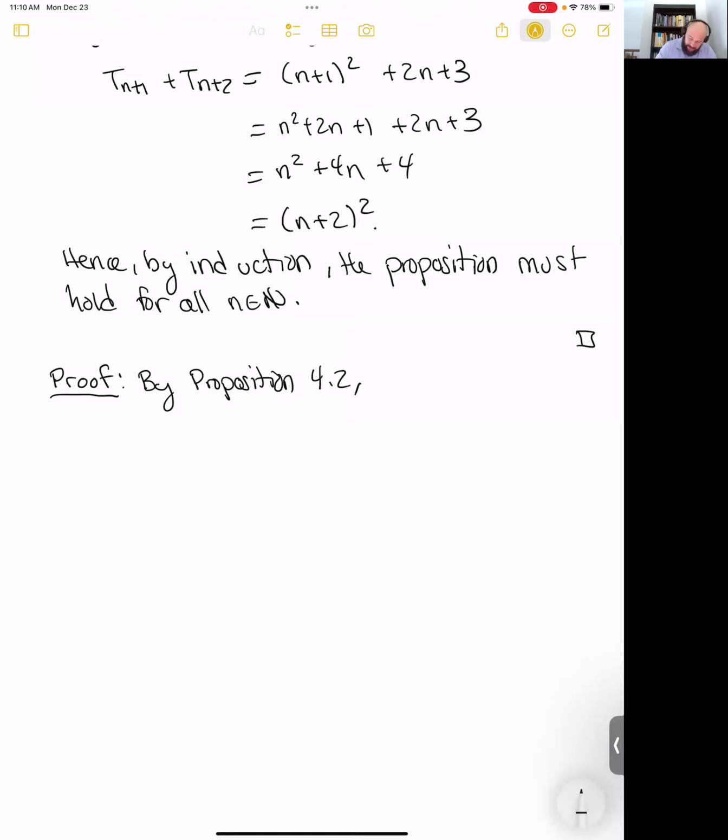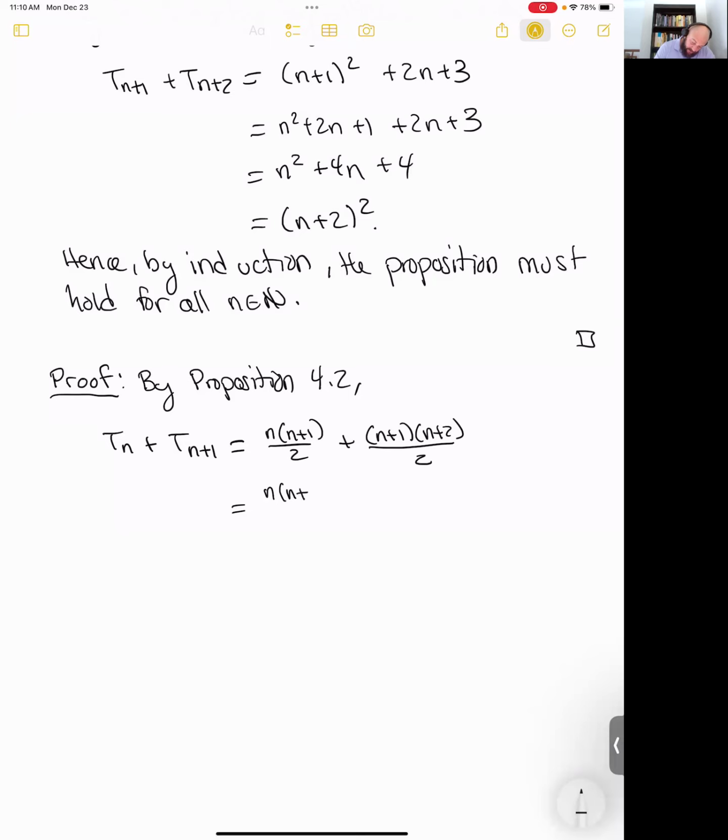But now we know that Tn plus Tn plus 1, well, we have formulas for each of those things, right? That's n times n plus 1 over 2 by proposition 4.2. And then this one is n plus 1 times n plus 2 all over 2. So now we just have to do a bunch of algebra here to figure out what's going on.